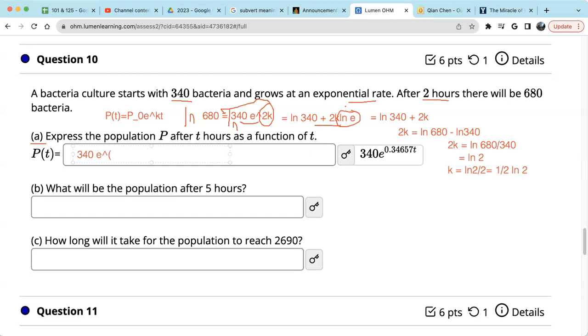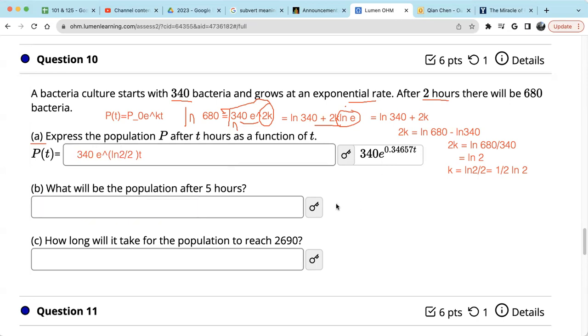So k is ln 2 divided by 2, then multiplied by t. I don't like to use a calculator to approximate, because ln 2 gives me the exact value. So after 5 hours, I just substitute t with 5.